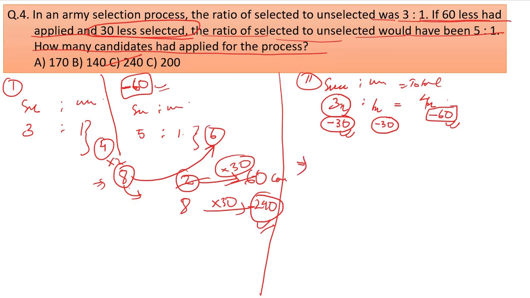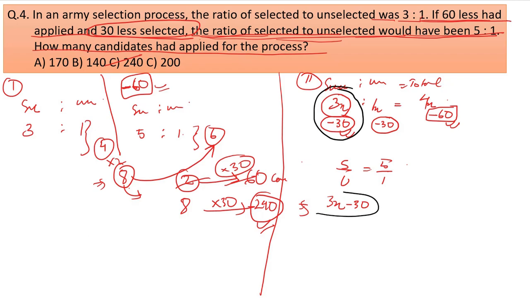So let us read the second part of the question. After this decrease, the ratio of selected to unselected is 5:1. So selected is 3x minus 30, and unselected is 1x minus 30, equal to 5:1.